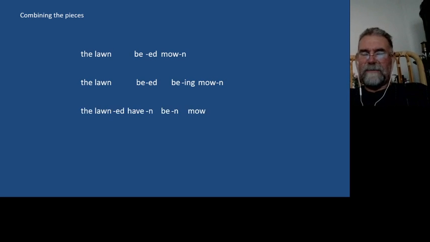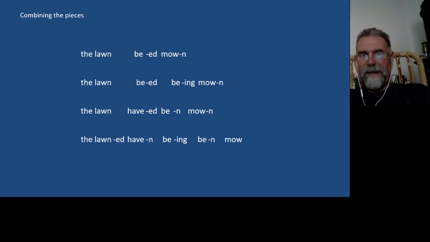We can do exactly the same thing with the perfect. We add the have plus the n in addition to the passive be plus n, and affix hopping happens to those three affixes, attaching them to the following elements, and we're going to end up with the lawn had been mown. You can even do it with all three.